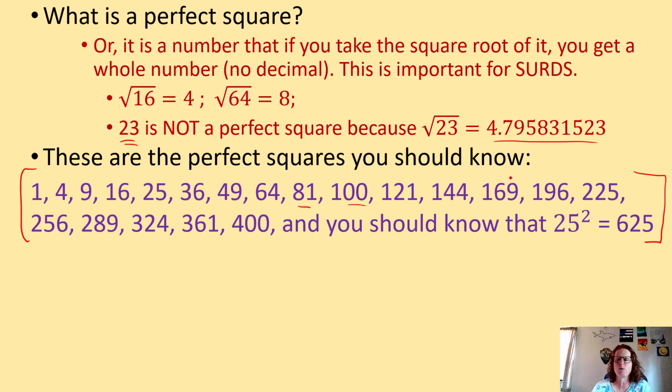Okay? So when we get up to the other numbers, it gets a little more difficult. You need to memorize 169, 196, 225, 256, 289, 324, 361, 400. So we got 13, 14, 15, 16, 17, 18, 19, and 20. And then you should know 25 squared, 625. It comes up a lot in problems.